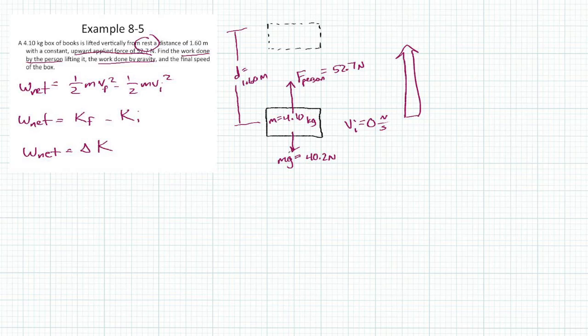Negative work, right? So we'll find that. And we want to find the final speed of the box when it has been moved to that displacement right there. Okay, so let's start with our work done by the person. I'm just going to call this W person.